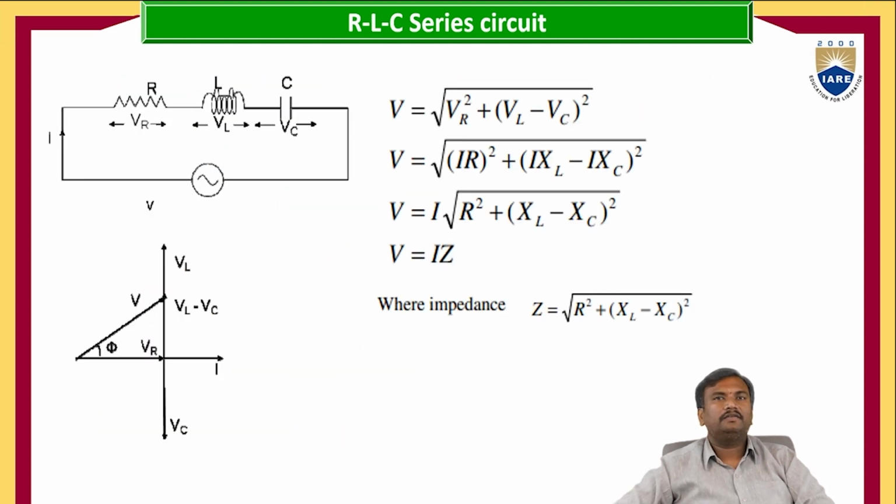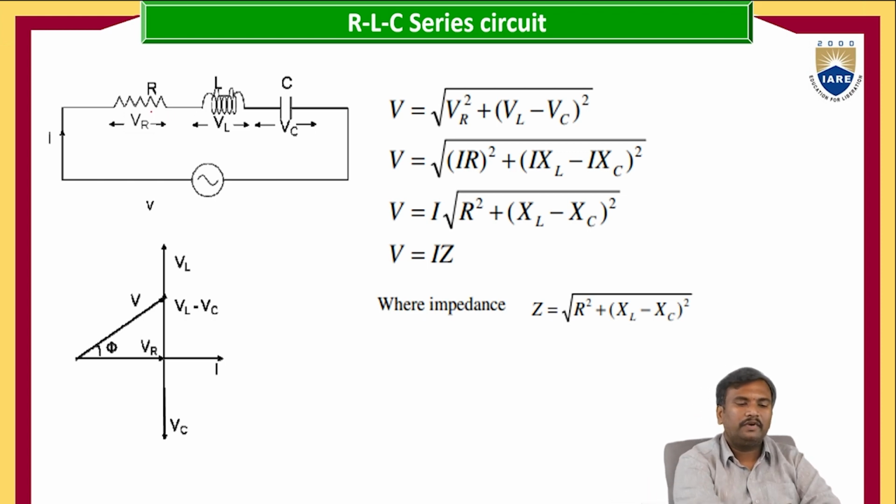And next, we need to calculate the voltage and current across the RLC series circuit. Here, the three elements R, L, C are connected in series.